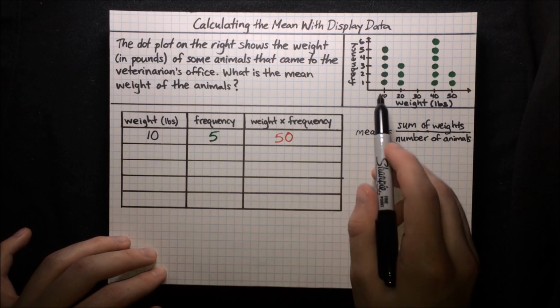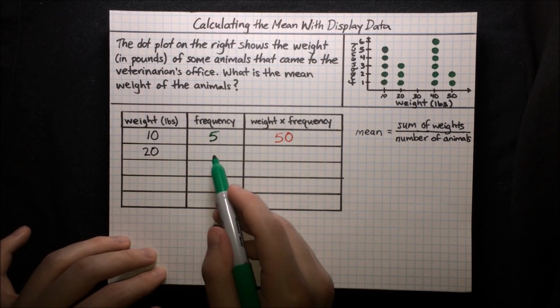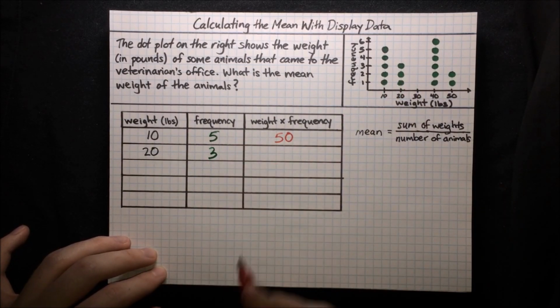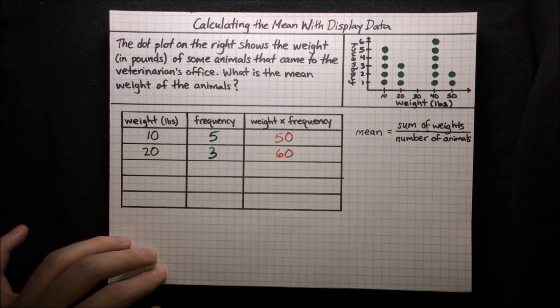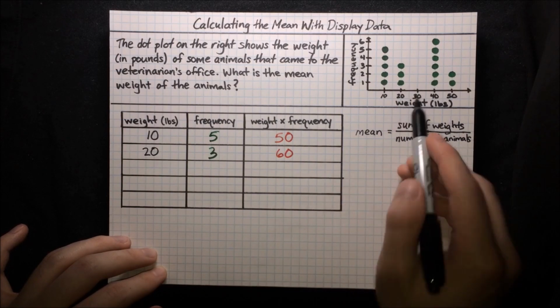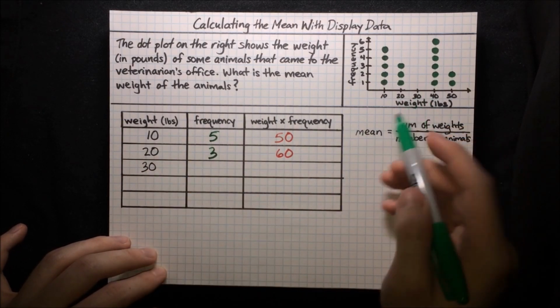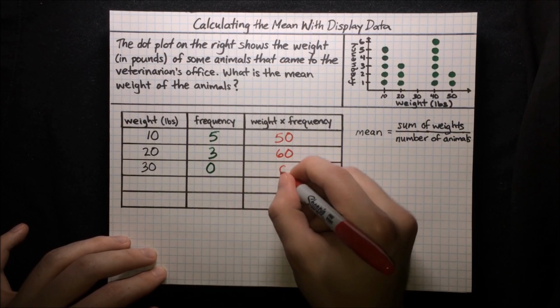Alright, so what's the next row? The next row is the next column, which is 20 pounds. The frequency is the number of dots here, 1, 2, 3. And then weight times frequency is 20 times 3, which is 60. Moving on, the next row corresponds to a weight of 30 pounds. How many dots? Well, no dots here, so frequency is 0, and 30 times 0 is, of course, 0.